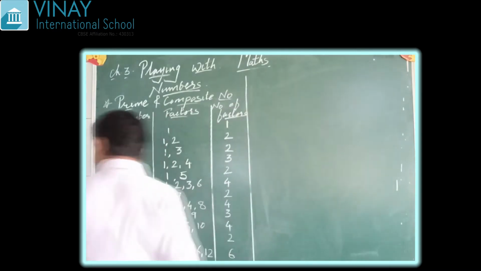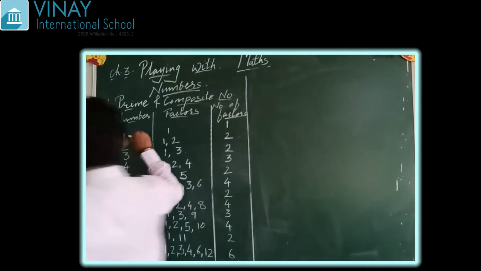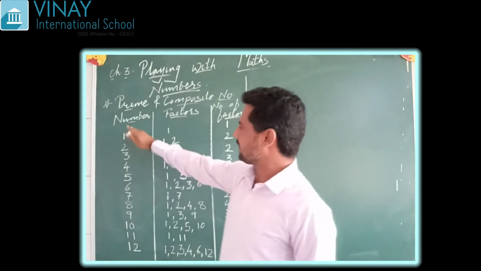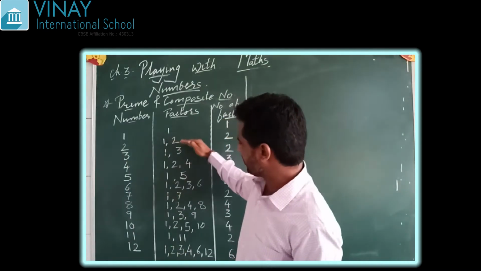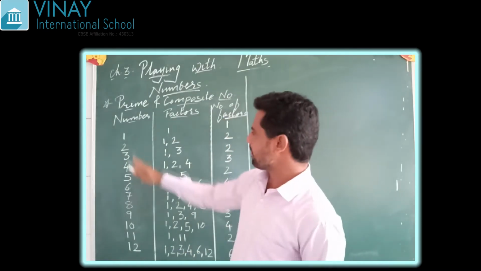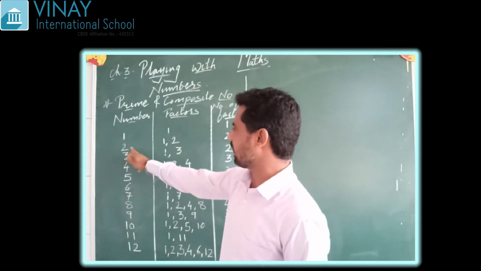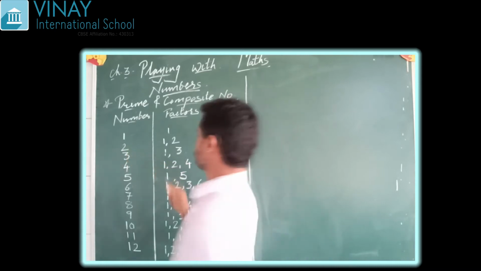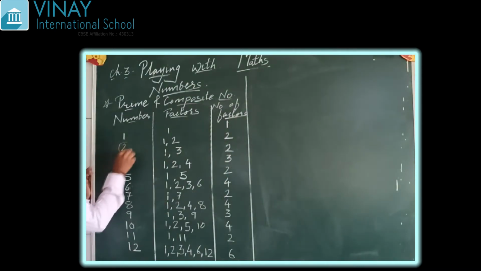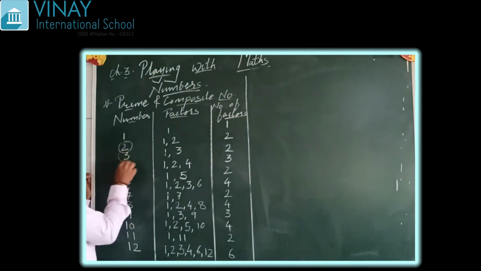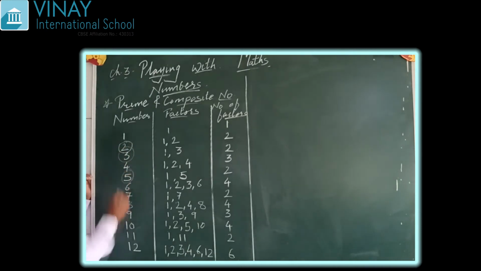Now, just leave 1. Except 1, every number has at least 2 factors as we had discussed. Find out the numbers which have only 2 factors. Those numbers are 2, 3, 5, 7, 11.